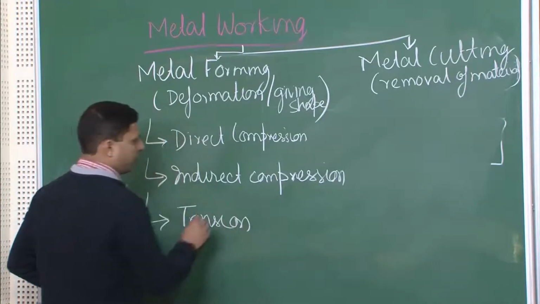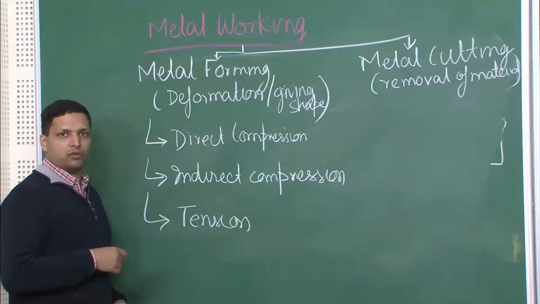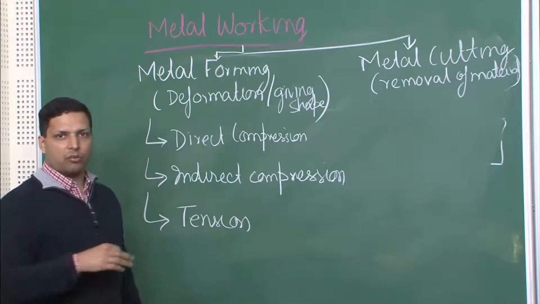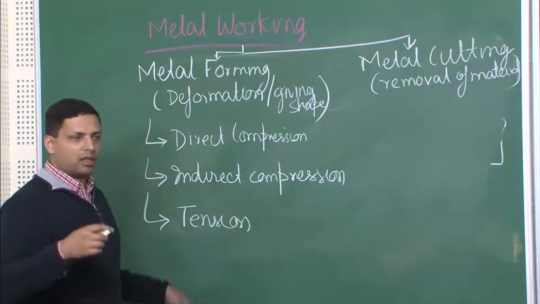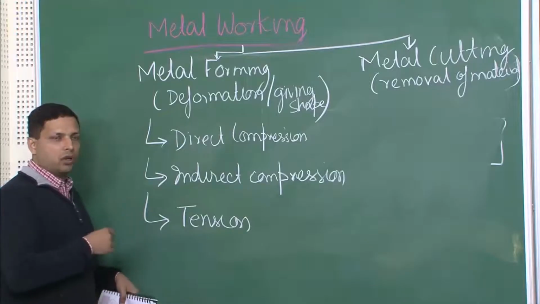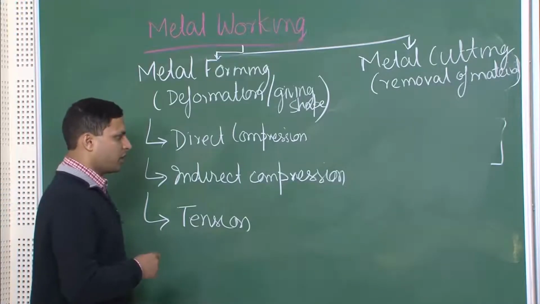This describes which direction the load or force is working onto the material, because you are doing deformation or giving shape. So, you are applying some load or force onto it. Now, which direction is it? Is it compression in the direct compression mode like in the extrusion that we saw, or is it indirect, like in the indirect extrusion.